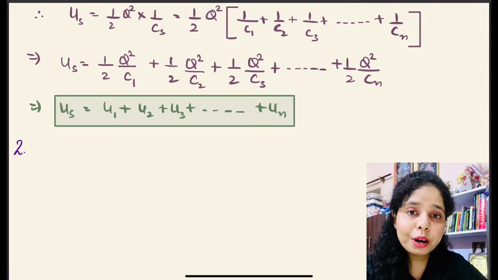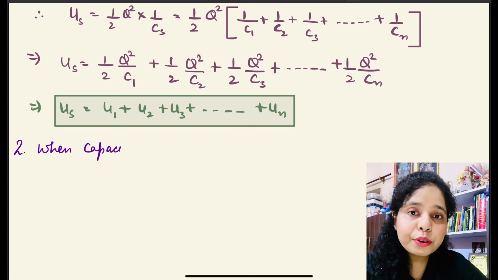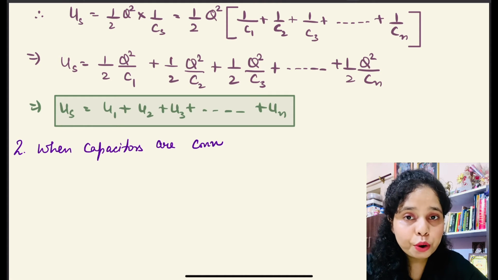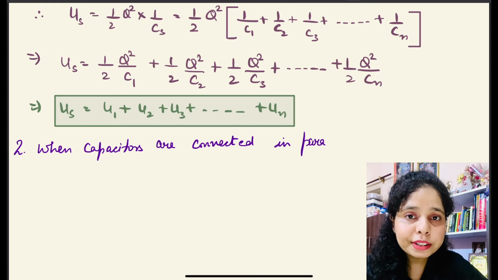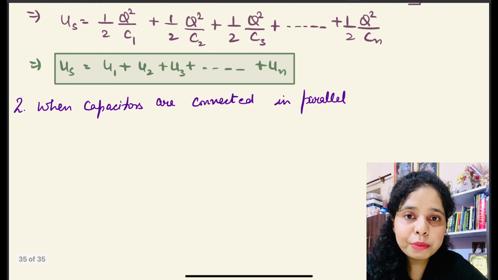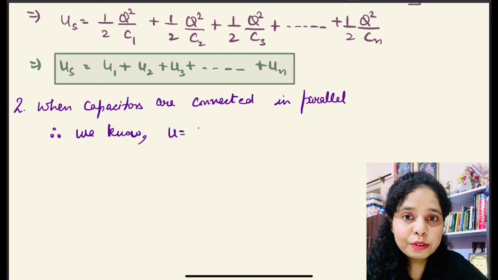Now we will talk about the grouping of the capacitors when capacitors are connected in parallel, and again we have to find the value of the total energy stored in the total combination, that is parallel combination. So when capacitors are connected in parallel, we can recall the other form of the formula, that is we know U is equal to 1 by 2 CV square.